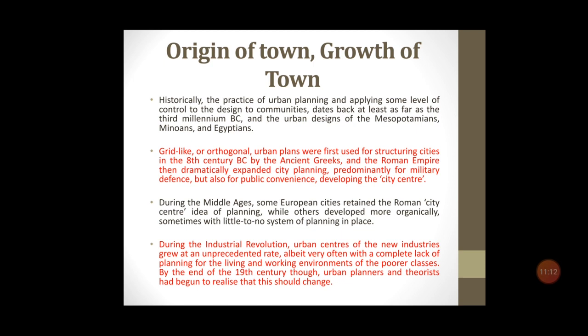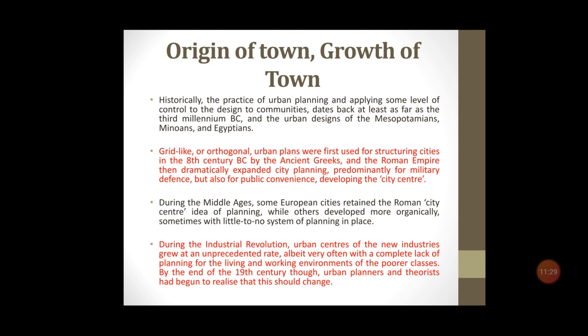The Roman Empire then dramatically expanded city planning, predominantly for military defense but also for public convenience, developing the city center. During the Middle Ages, some European cities retained the Roman city center idea of planning, while others developed more organically, sometimes with little to no system of planning in place.